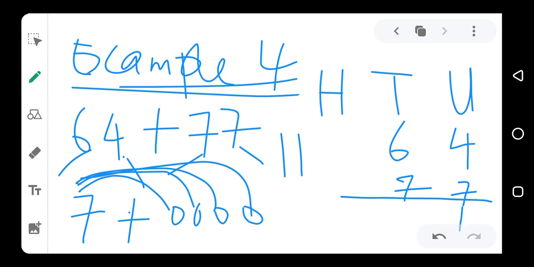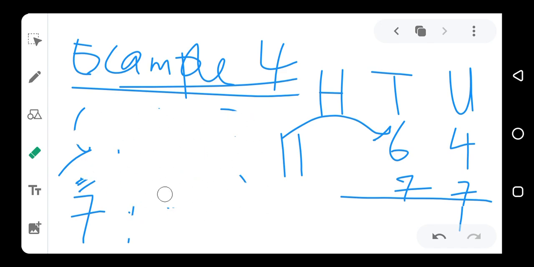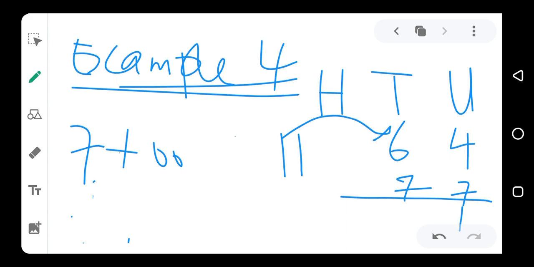Then the second one, we now say the second one plus this 6 here, it becomes 7. 7 plus 7 is 7 plus 1, 2, 3, 4, 5, 6, 7.